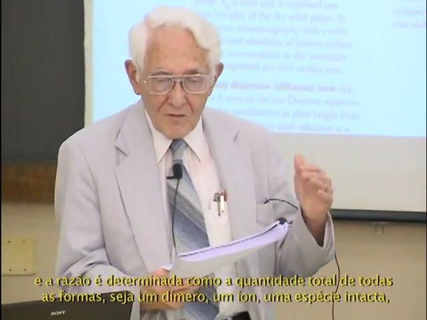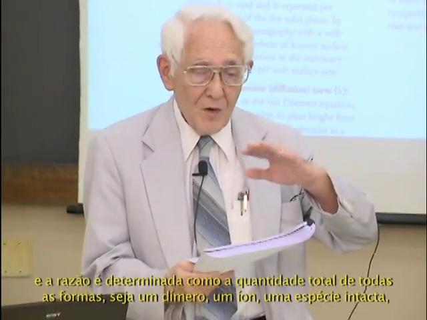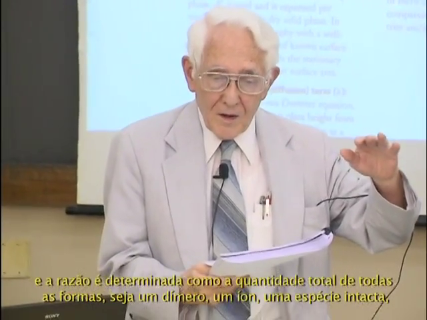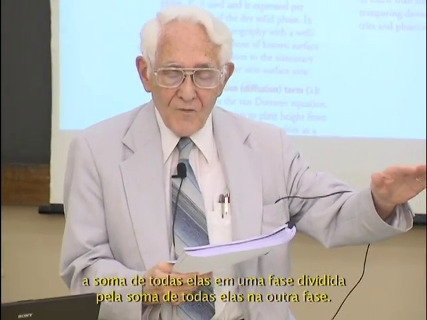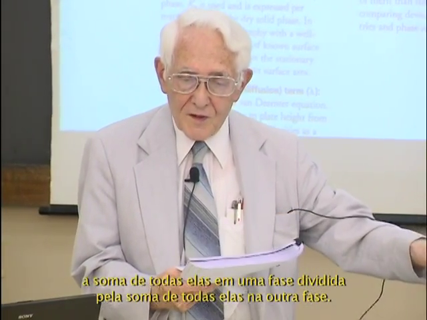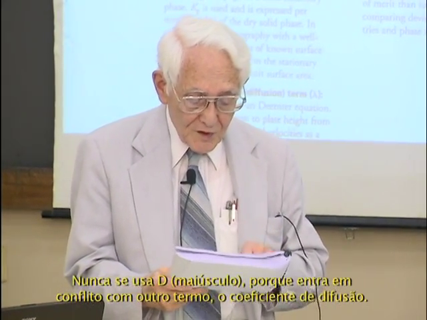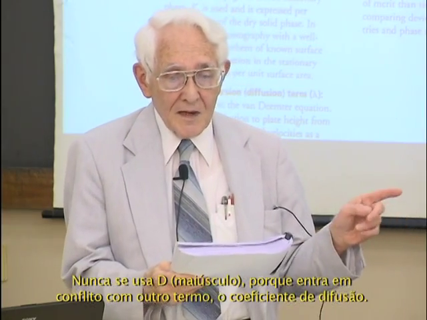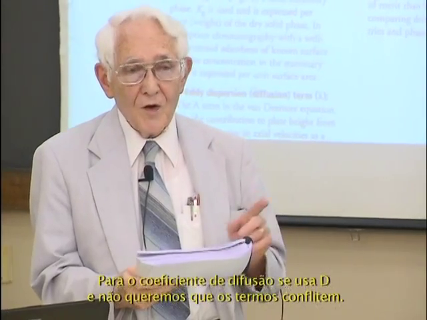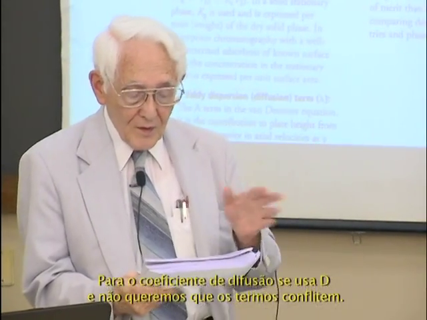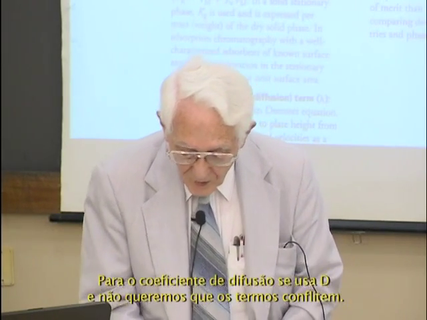And the ratio is determined as the total amount, whatever form it's in, whether it's a dimer, an ion, an intact species, the sum of all those in one phase divided by the sum of all those in the other phase. So that's the way it's defined. And they never do use D, uppercase D, because that conflicts with another term, the diffusion coefficient. For the diffusion coefficient, they do use D, and so they don't want those terms to conflict.